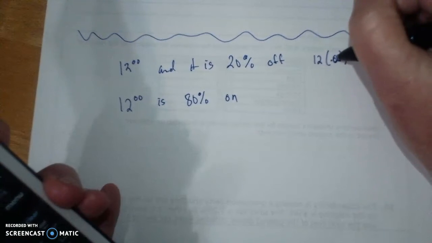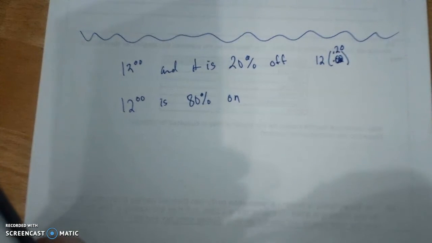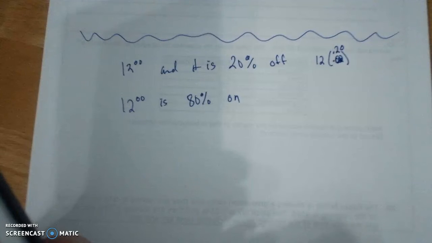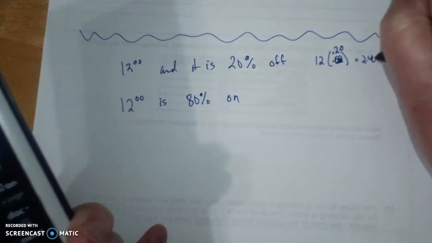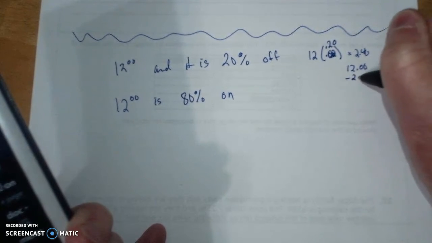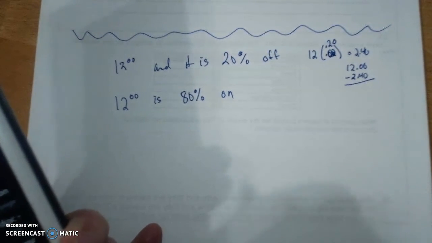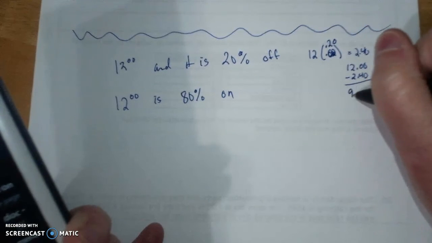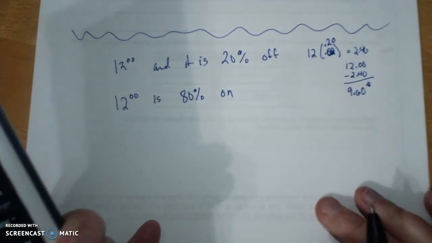Oops, sorry. 0.20. And so 12 times 0.20 equals $2.40. And then I'm going to have to take $12 minus $2.40. And that would be $9.60 shirt. Okay?